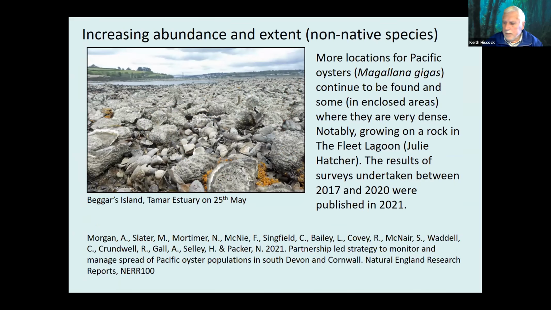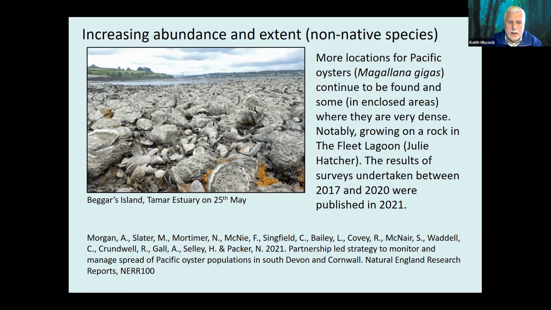More on increasing abundance and extent. This is going into non-native species. Of course, what we're most interested in is changes in native species, but we're also getting non-native species which have already arrived in our southwest peninsula. And this, of course, is one of them.